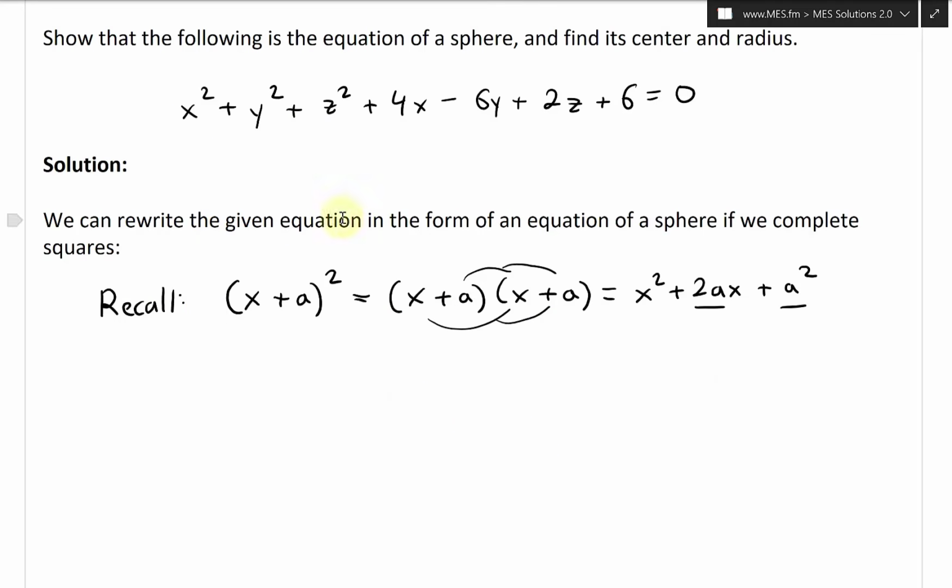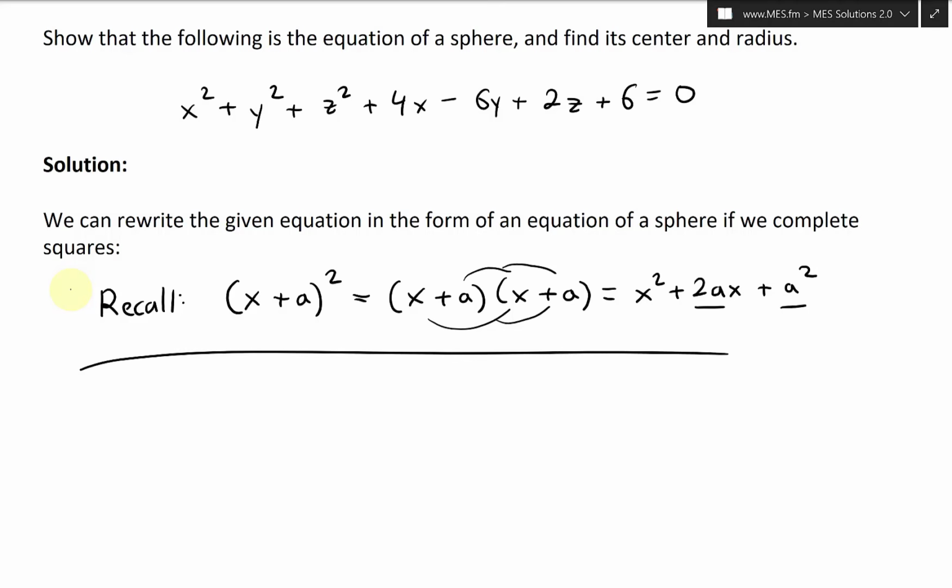Thus, we just need to write the x's, y's and z's all in this form so we can complete the square. For completeness, let's write it all out. This is x squared plus 4x, put a bracket to separate it.